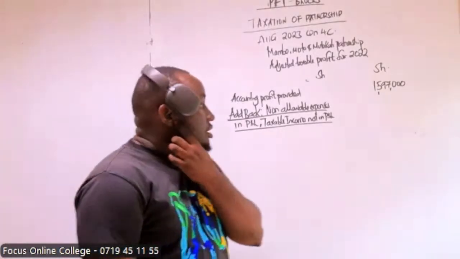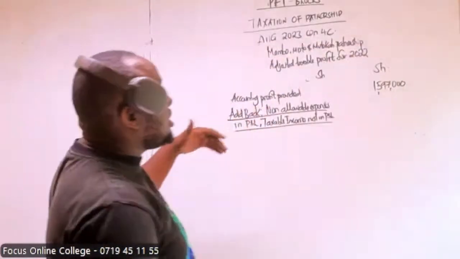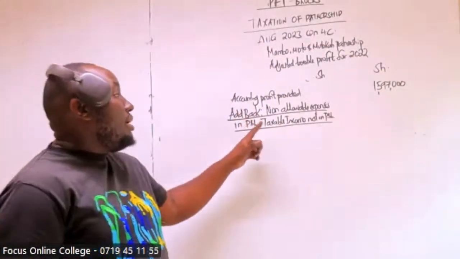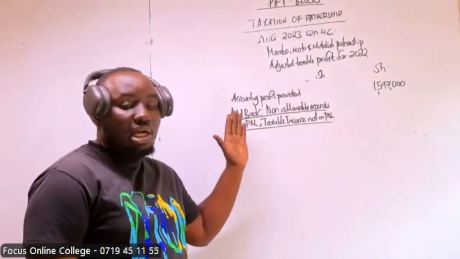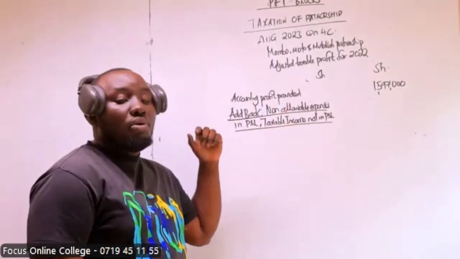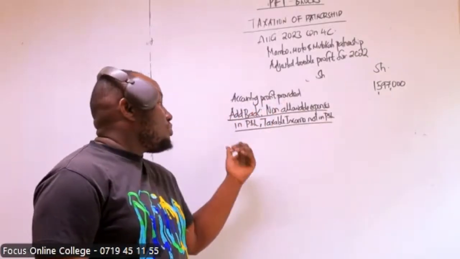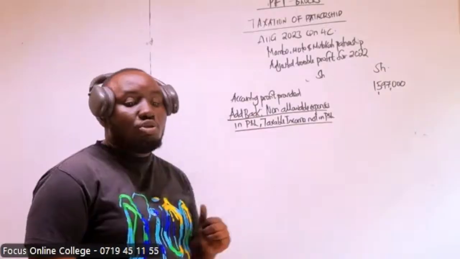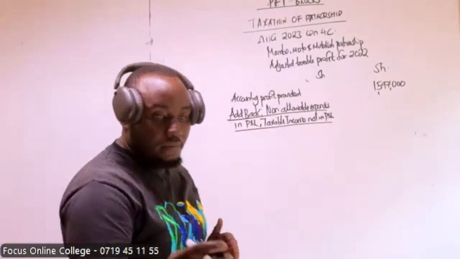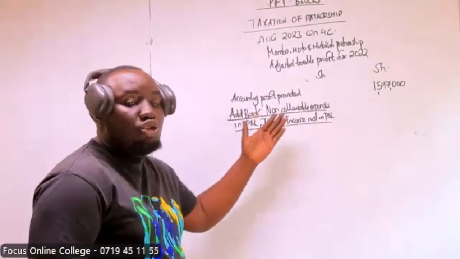Perfect. So look up. Also very important that we are in an exam scenario. When you go to exam, I will not require you to write this. These are now the shortcuts. Do you think you're required to write non-allowable? Do you think that somebody is going to mark because you write add back non-allowable expenses in the P&L and taxable income not in the P&L? As the low-hanging fruits, remember, you don't need to write this.